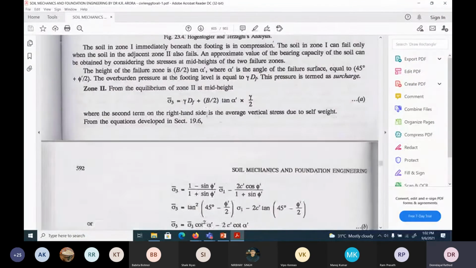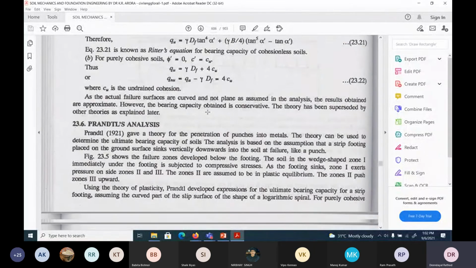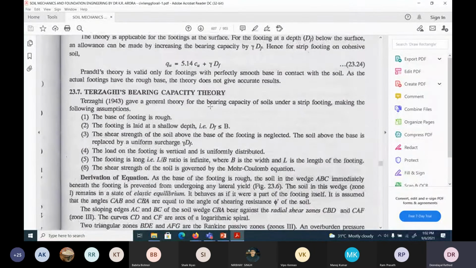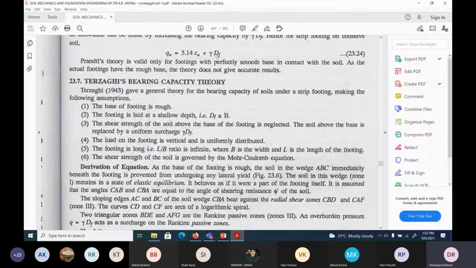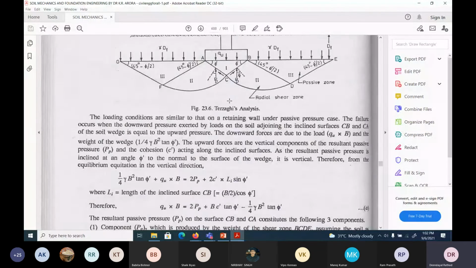Rankine's and Terzaghi's bearing equations: these equations are very, very simple. Terzaghi's bearing equation is very, very important.